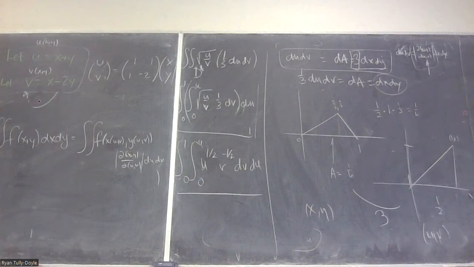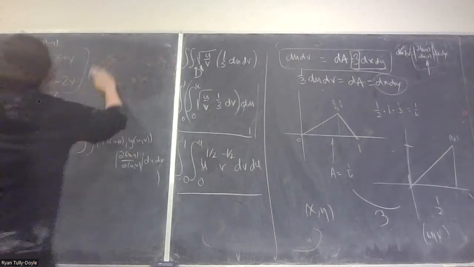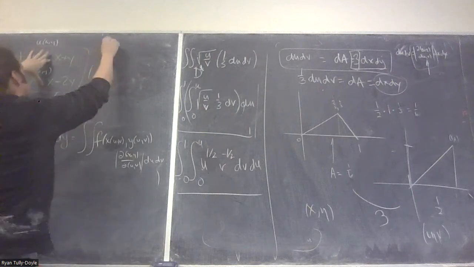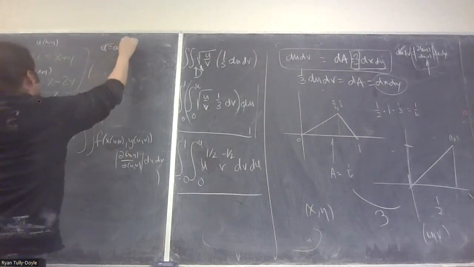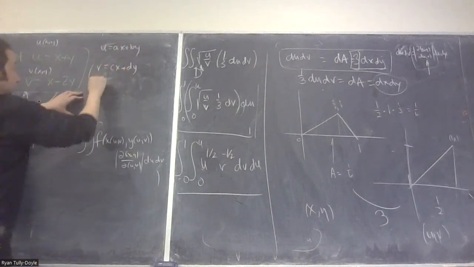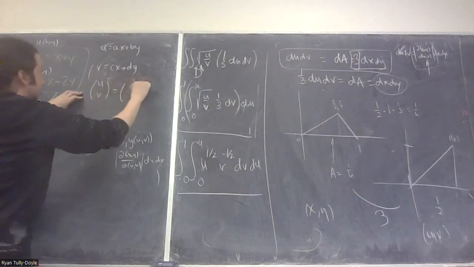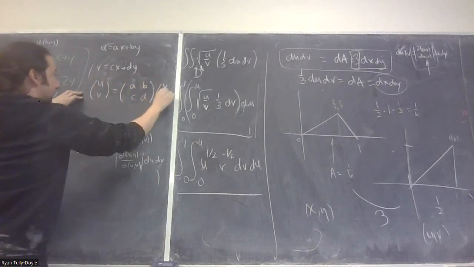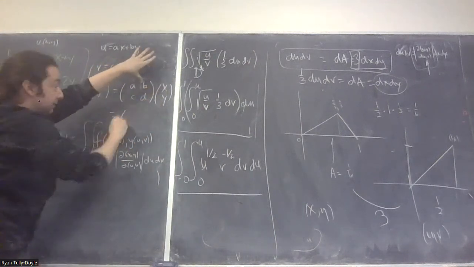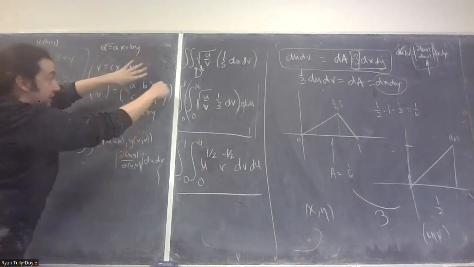How do you build it? How did I do this? Oh, okay. The book actually just asserts that if you have a linear transformation like this, anything that looks like u equals ax plus by and v equals cx plus dy, you can think of this as a particular matrix multiplication, because if you multiply the matrix a, b, c, d times x, y, you get ax plus by and cx plus dy.